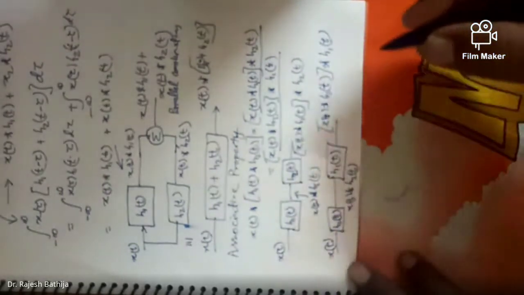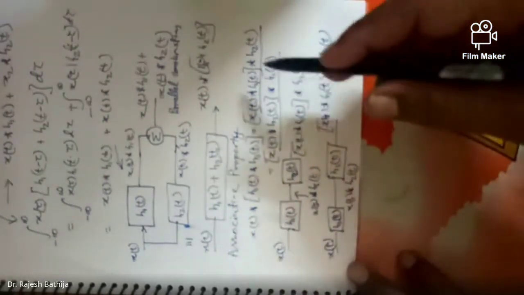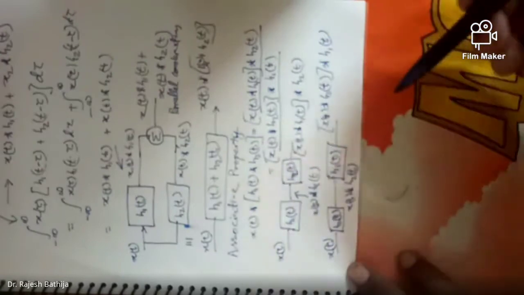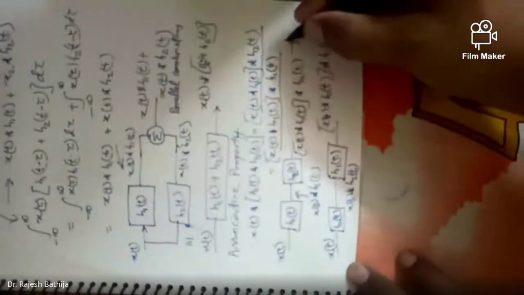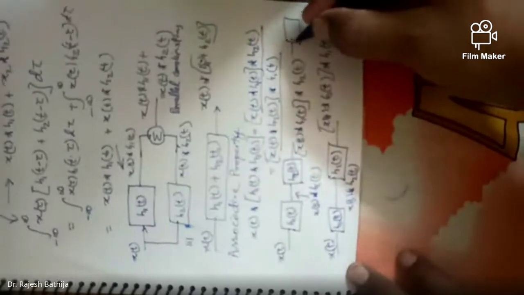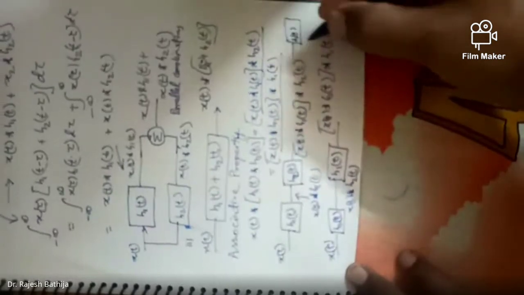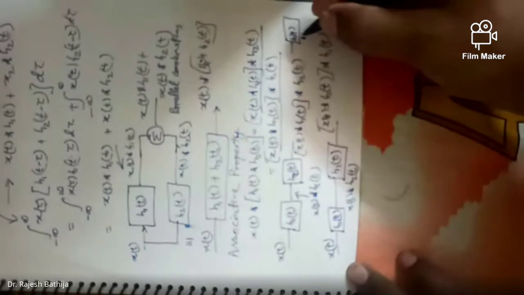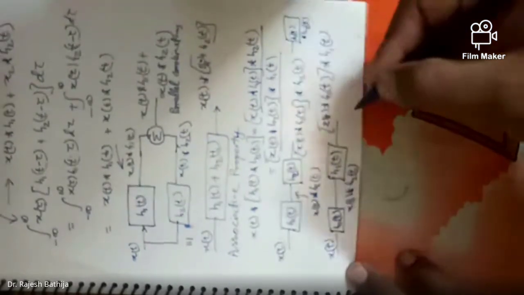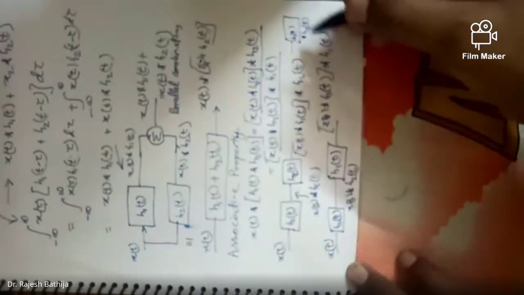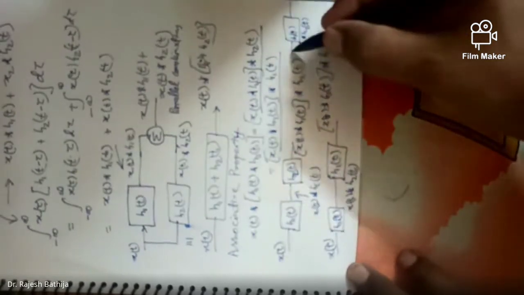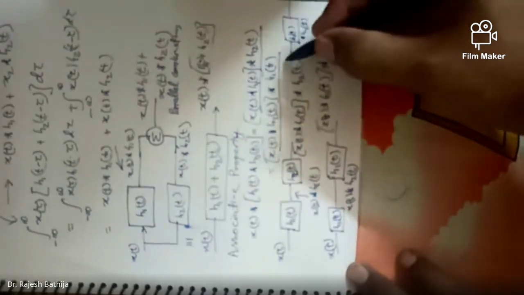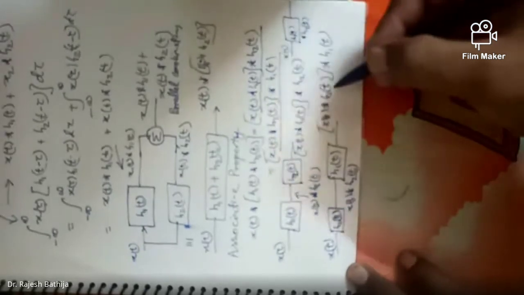So now the associative property says these two are the same. And this is also similar to a single system whose impulse response is the convolution of the individual impulse responses, that is h1(t) convolved with h2(t). So if I give this system this x(t), what will I get?